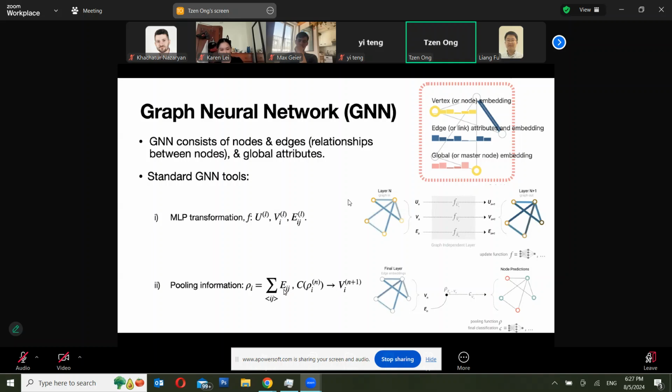So I get this pooled, or lumped, set of information rho I, and then I feed it into another neural network C, and I use this to update VI of n+1. That's called pooling information.